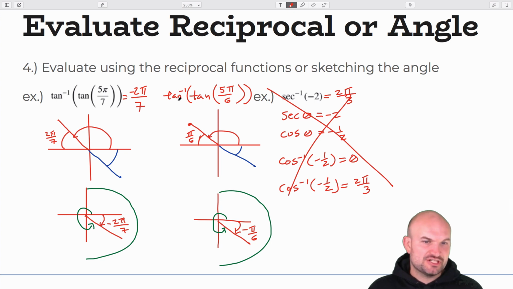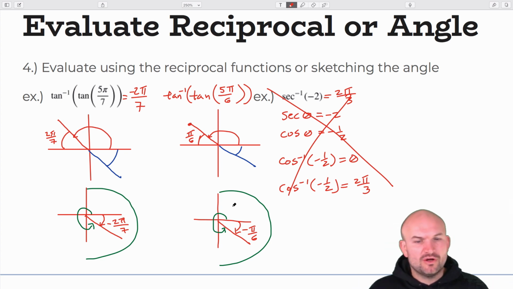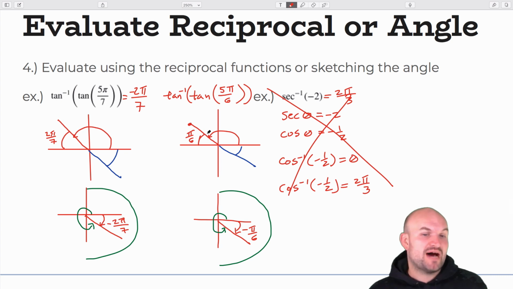When I'm trying to find the tangent inverse of that angle, which is 5 pi over 6, I can't use that angle, right? Because the angle has to remain within this quadrant. So it can't be this angle, and it has to be this negative version. How do we figure out that angle? Well, if this angle is 5 pi over 6, that means it has a reference angle of pi over 6.